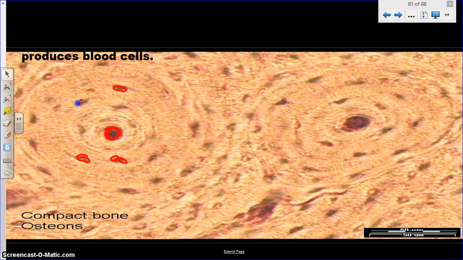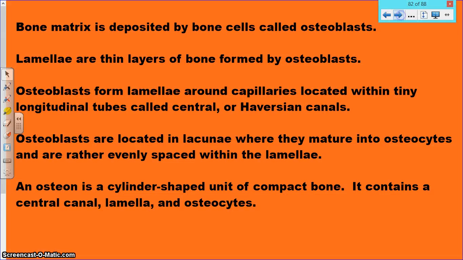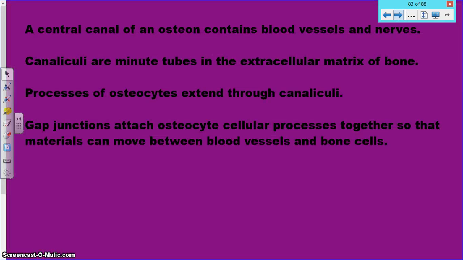Those are in the lacunae, and there's teeny tiny little canaliculi that come off of that, and so this whole rounded thing right there is referred to as the osteon. Okay, and you can see another one over there. There's its central canal, and then again, these are all the lacuna containing osteocytes. Okay, I'll get you back to this slide.